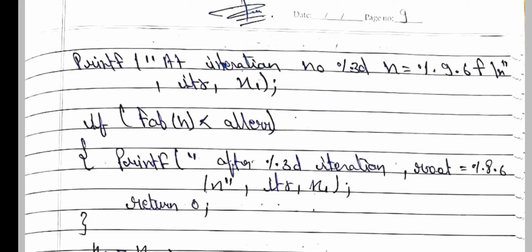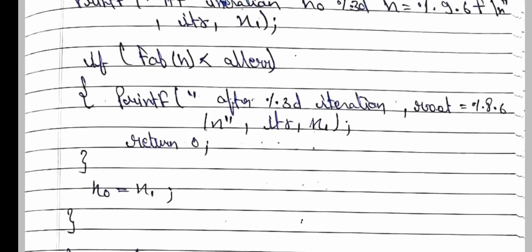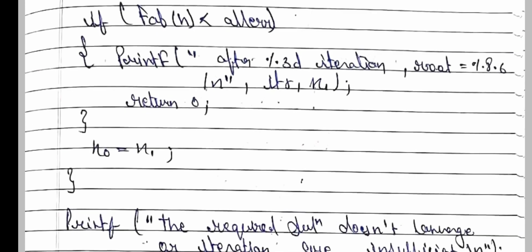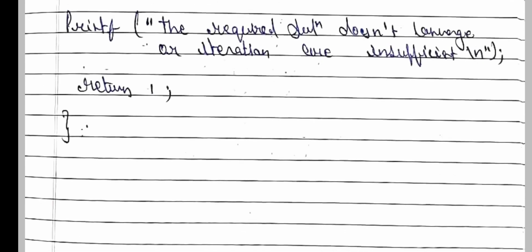If the fabs of x is less than the error, or we can say absolute error, then we have to print the iteration and the solution. Otherwise we have to say x0 is equal to x1. Now we have to print that solution does not converge if the value of error is less than fabs. Thank you so much.